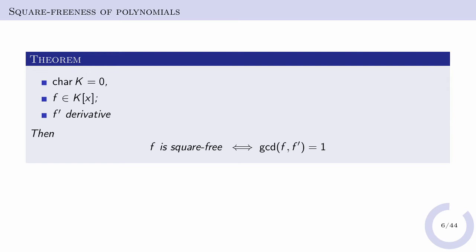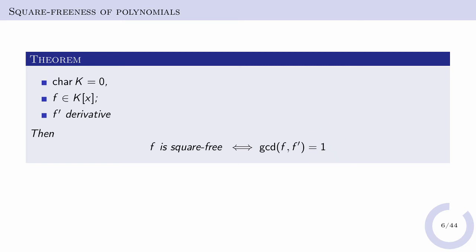So the theorem says that if we have a polynomial over a field K of characteristic 0, meaning that the rationals are contained in K, then the polynomial is square-free if and only if it is relatively prime to its derivative. So the greatest common divisor of the polynomial and its derivative must equal 1.